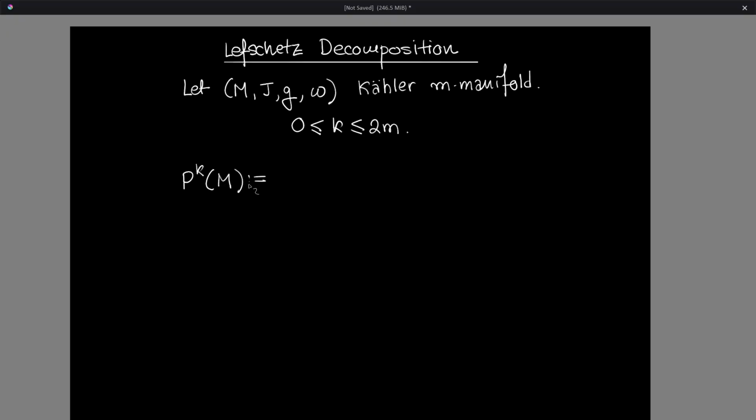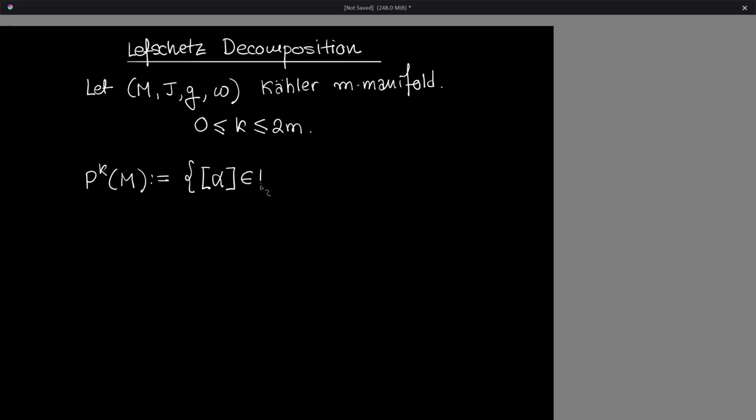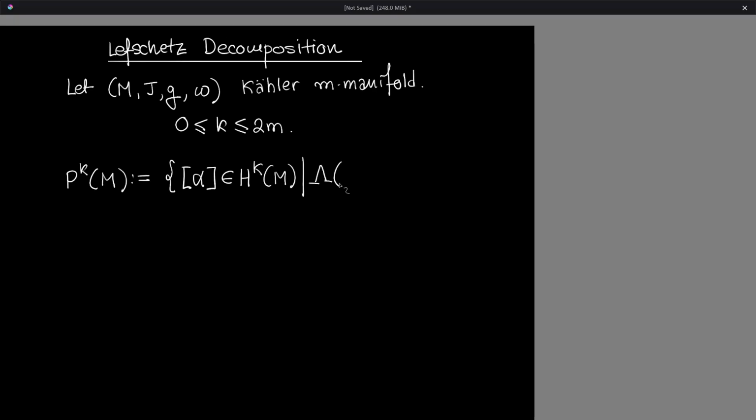This is defined to be a cohomology class alpha, an element of, so this is a de Rham cohomology class, such that lambda of alpha is equal to 0, or equivalently, L to the power m minus k plus 1 of alpha is equal to 0.